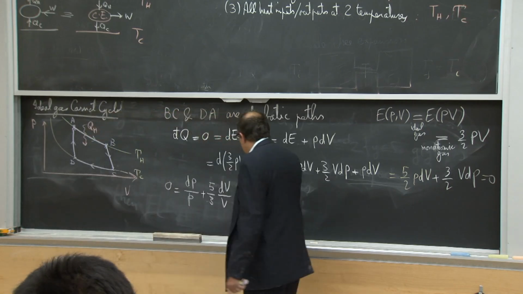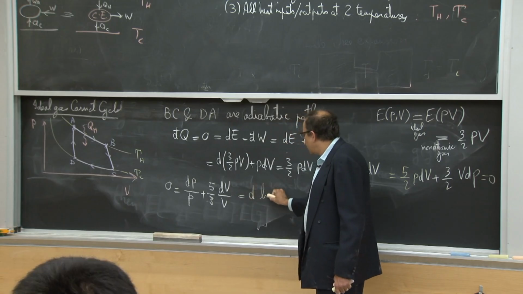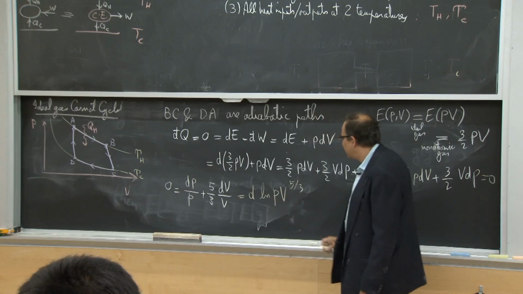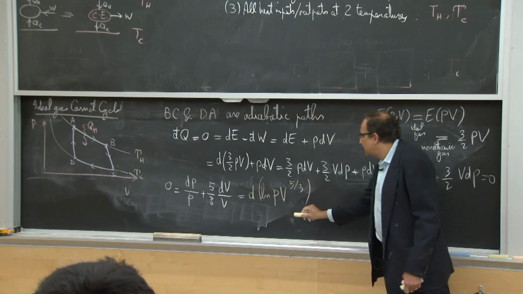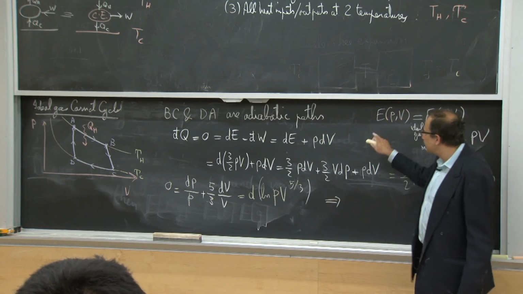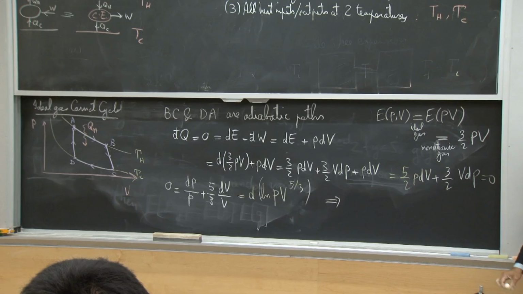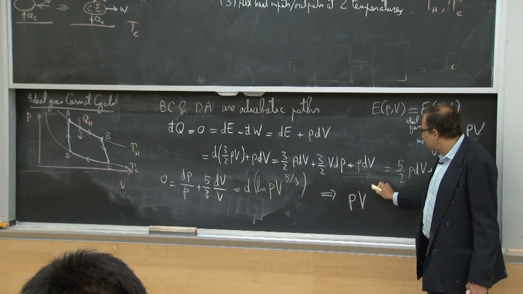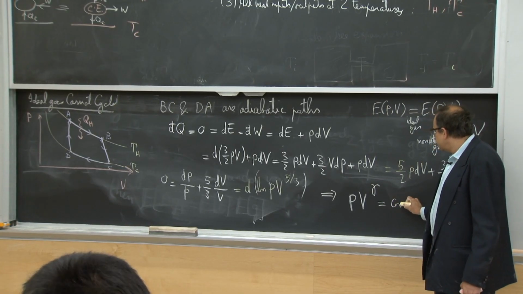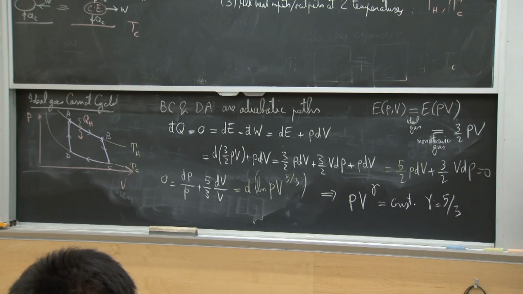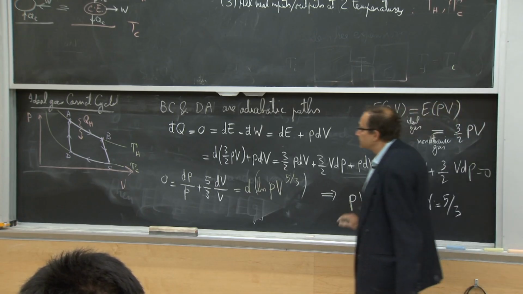And this is simply the derivative of log of PV to the power of 5/3. And since this derivative is 0, you know that along the curves that correspond to no heat exchange, you have PV to the power of gamma, in this case gamma being 5/3, is some constant. Okay?